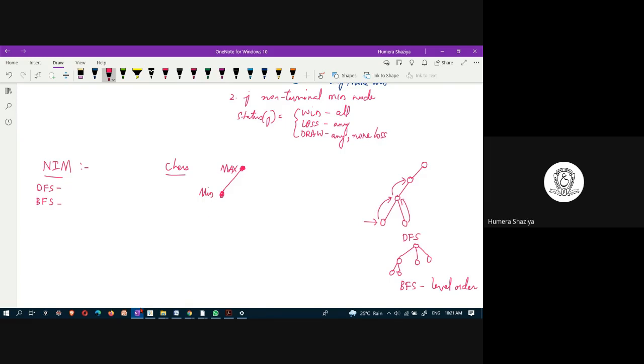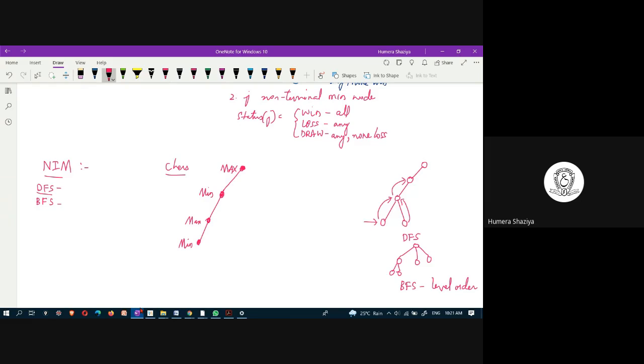Then who should play? Max should play. Then Min should play, and so on until the end. And it looks like DFS or BFS. DFS, ma'am. Yeah, it looks like DFS. For gaming, DFS is more suitable.